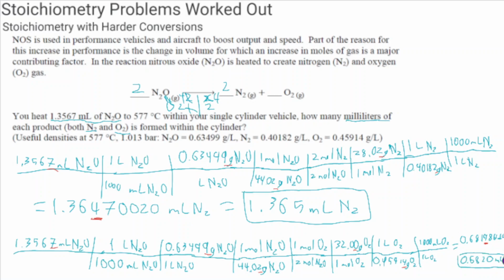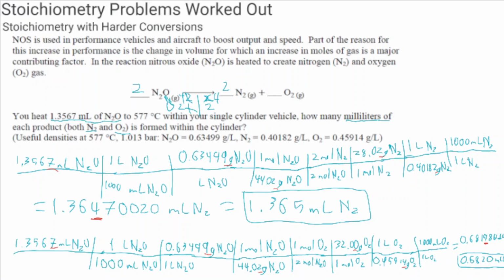All right. So that problem was a little bit more difficult, had more conversions, maybe a little bit tougher conversions. But it's still fairly achievable as long as you keep track of your units. So now we're going to try a much harder problem.